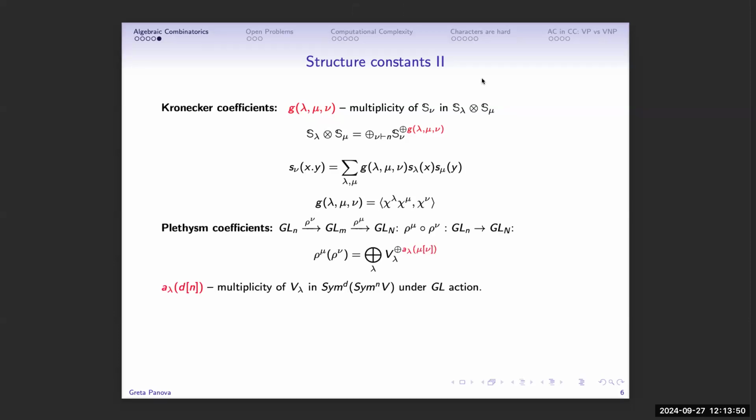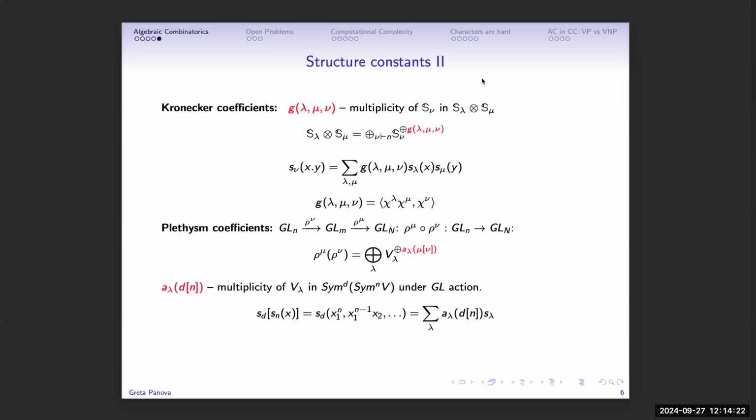And then you can do something else. You can compose two irreducible representations of GL_N, because they are maps from one GL to another GL to a third one. So if you compose this whole sequence of maps, then you have another representation, and then you have what's called the plethysm coefficient. So here we have Kronecker and plethysm, some multiplicities, non-negative integers.